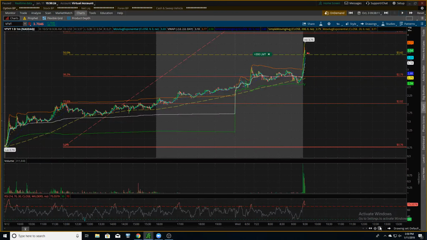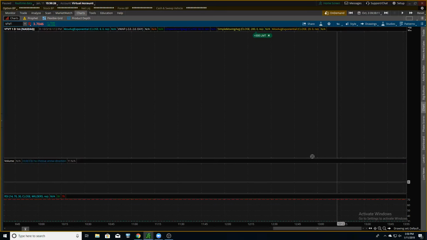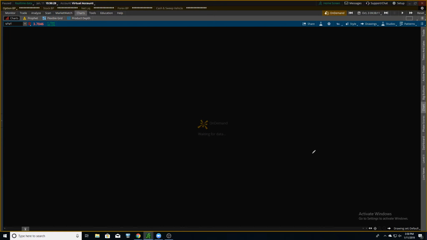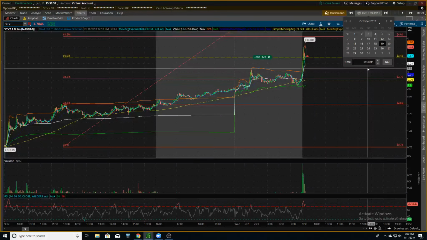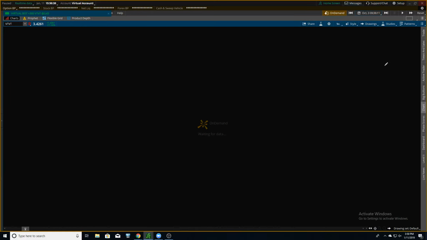Okay. And of course price didn't change. It's the only thing I don't like about On Demand, it messing with things. Hold on. There we go. We see that price action has reset, so the candle should reset here in a second.